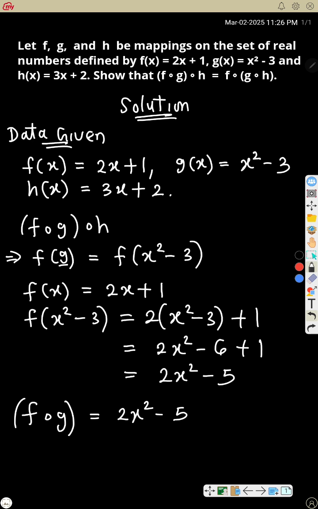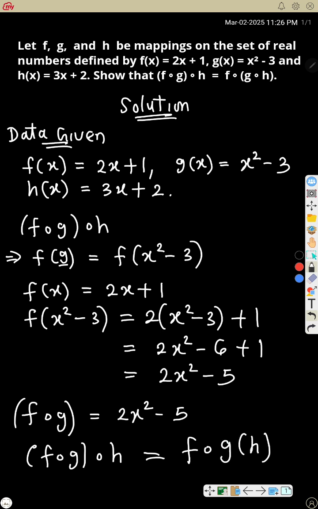Now the function that remains is h, that is f of g of h. So what does this mean now? Since we know f of g to be this, it means h will enter f of g. See the way I will represent this. This one means f of g, let me put it in bracket too, f of g of h.